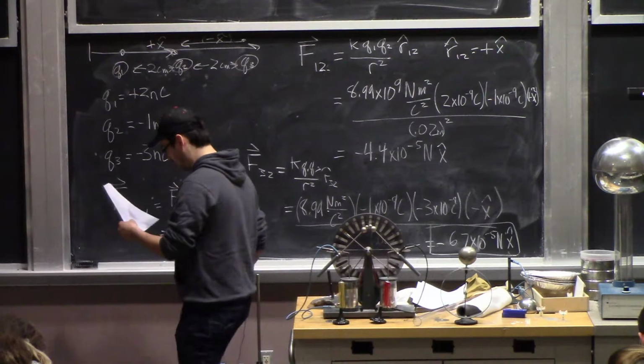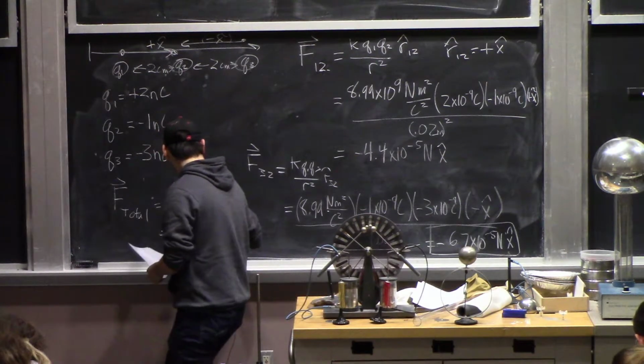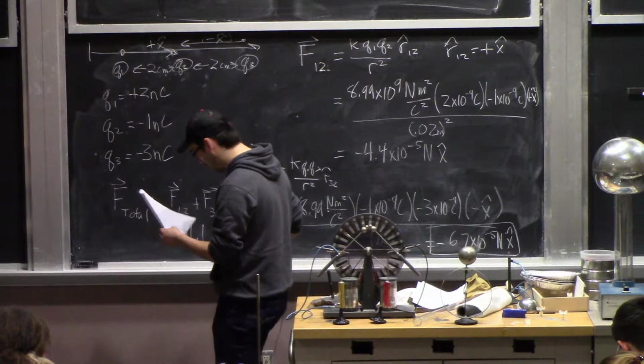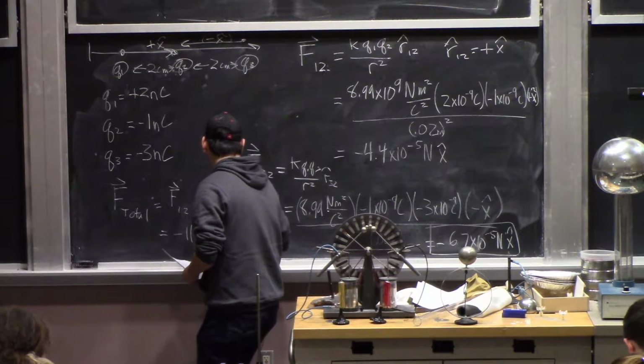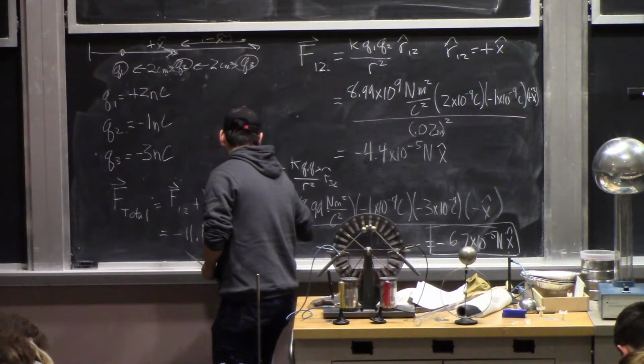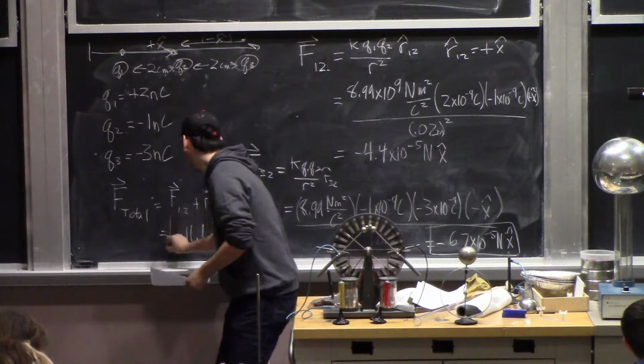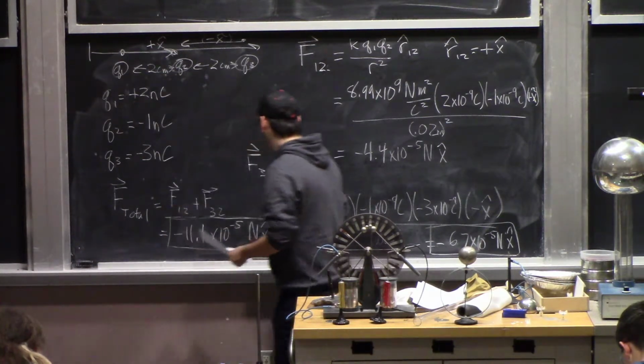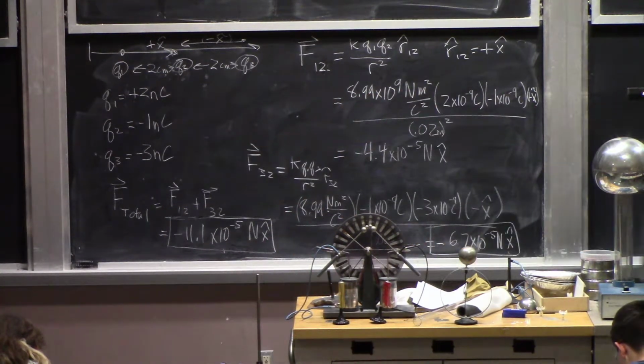And this is going to be equal to, drum roll please, negative 11.1 times 10 to the negative 5 newtons in the x hat direction. And with this equation, when I just added them together, it gives us the right answer because I was consistent with all of my unit vectors. Okay? Any questions about this one? No? Okay, let's move on to the next one.